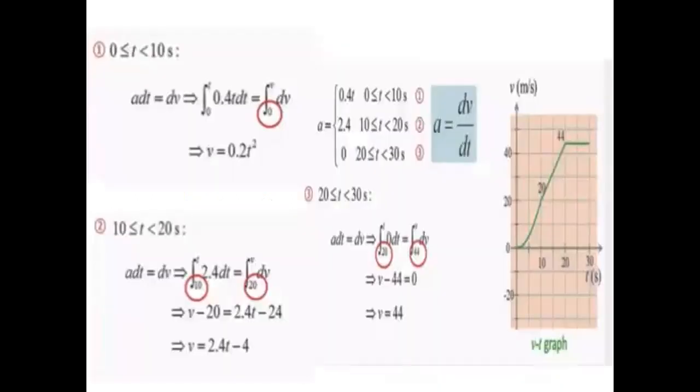For sketching the v graph, we need to use this kinematic equation, a equals dv over dt, because it provides the relation between acceleration and velocity. Okay. The first time period is 10 seconds, 0 to 10 seconds.